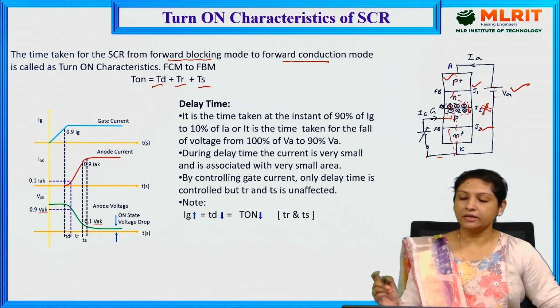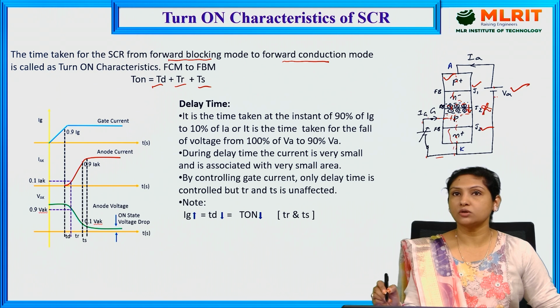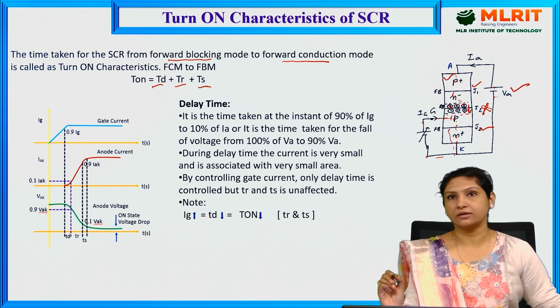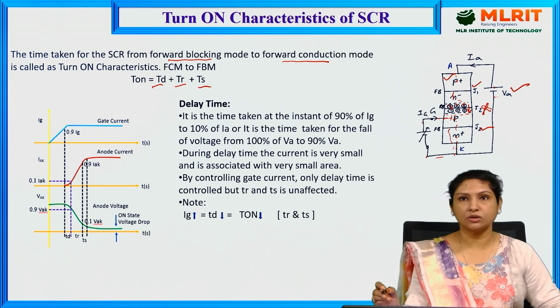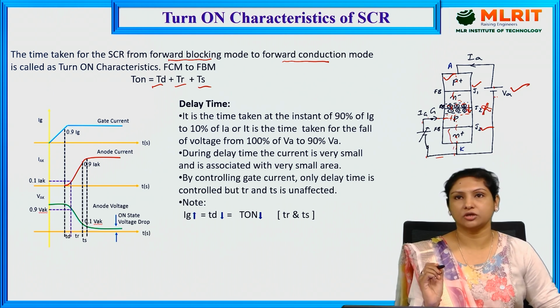Because from the P layer, electrons are jumping into the N minus layer, and in the P layer, electrons act as minority charge carriers, and since these minority charge carriers are jumping into the N minus layer, this acts as leakage current.